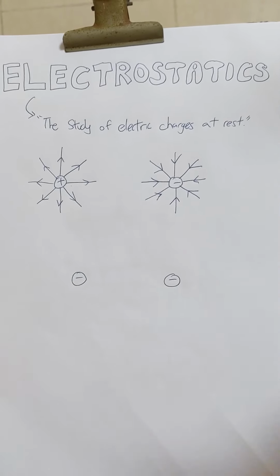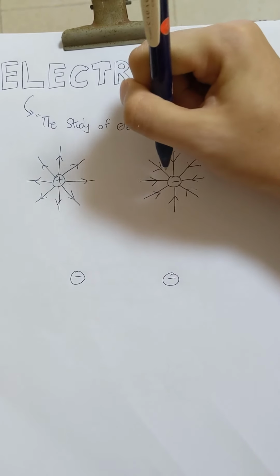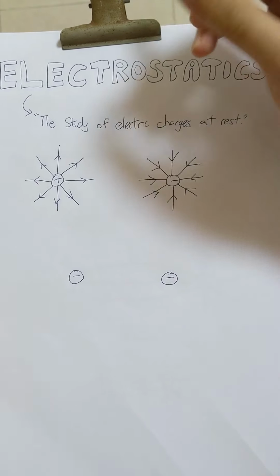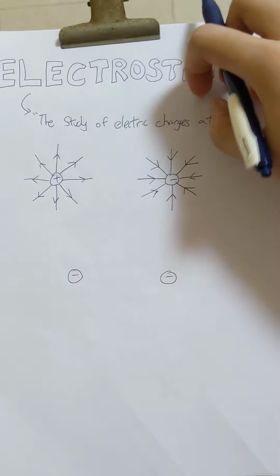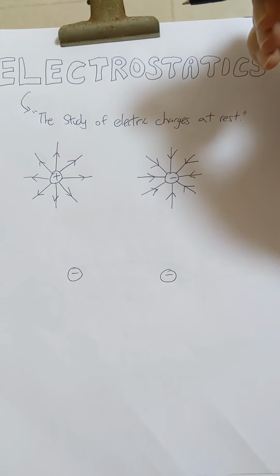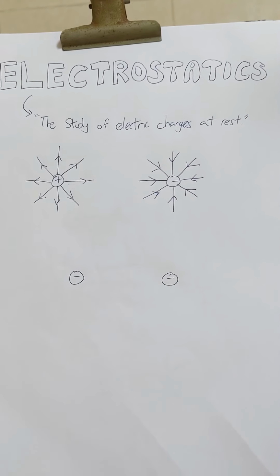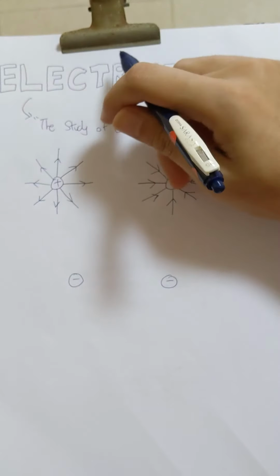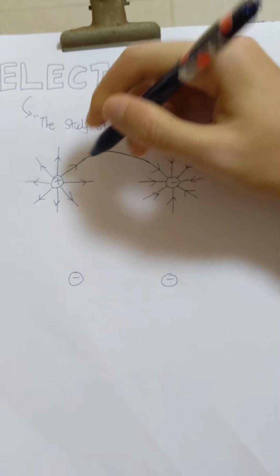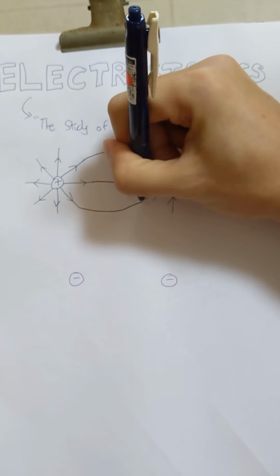Now, take note, whenever there's an interaction between a positive charge and a negative charge, these are unlike charges, and as we know, when we place two unlike charges in space, there will definitely be an electrostatic force of attraction. But where does this electrostatic force of attraction come from? Basically, when you place them in space, there will be a continuation of electric field lines.